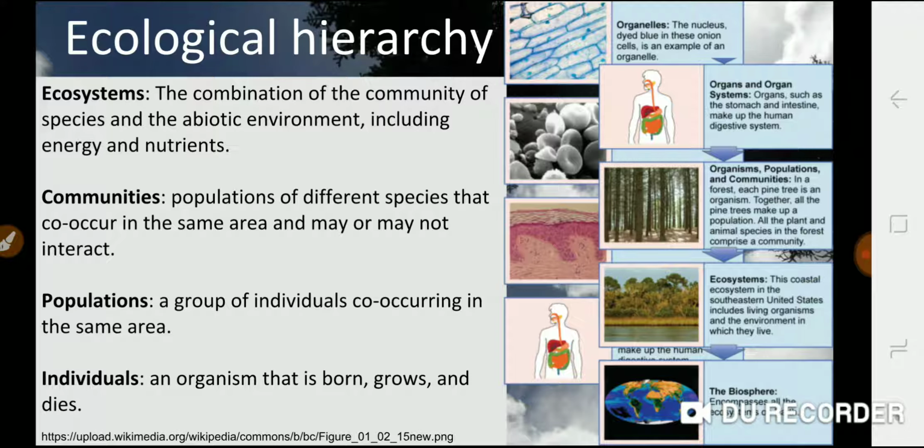I want to take a moment here to just think about populations and communities and ecosystems and this phrase "in the same area." So when organisms cannot interact with each other because they are not in the same given area, then we talk about them as separate populations.